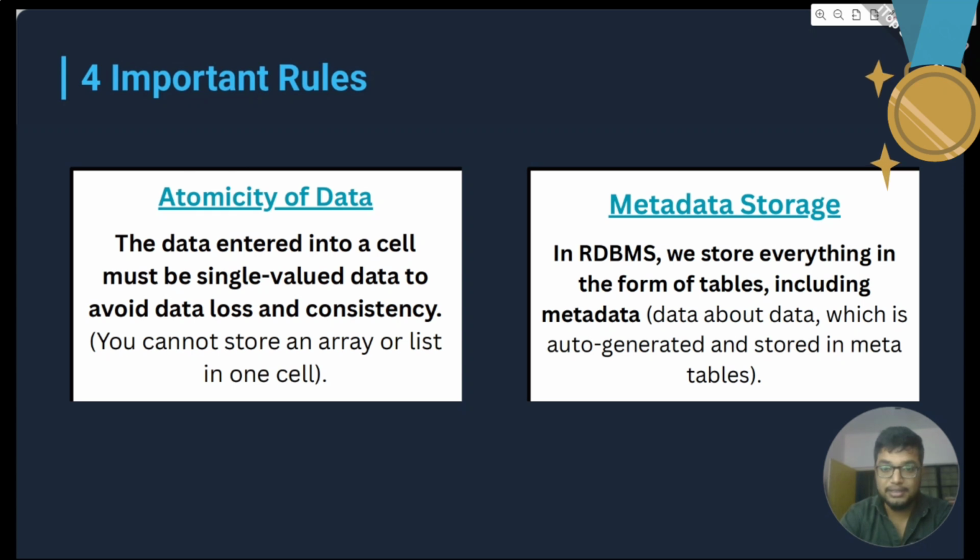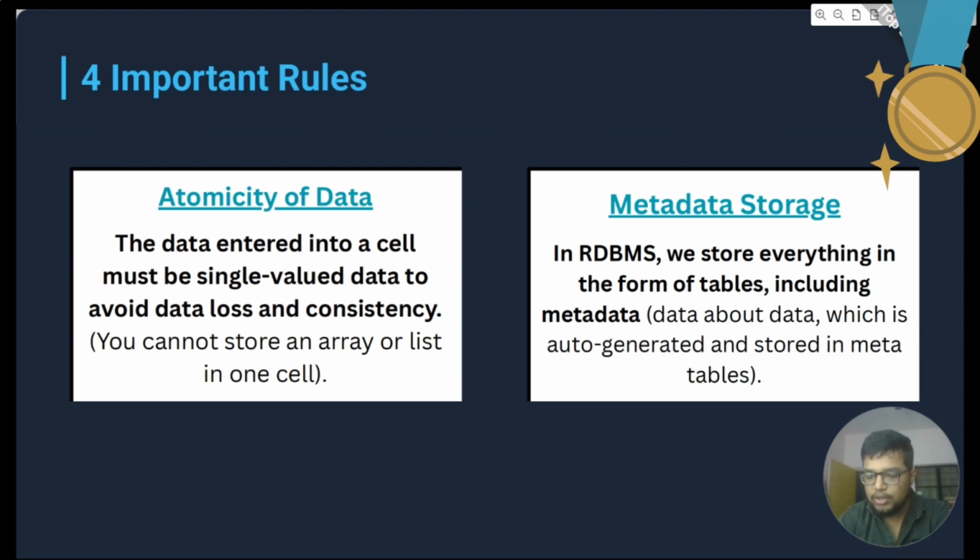Second rule: in RDBMS, everything is stored in form of tables, including metadata. In the introduction to RDBMS, we already saw that it stores data in form of tables, including metadata. Metadata means data about data. Say one photo is there.